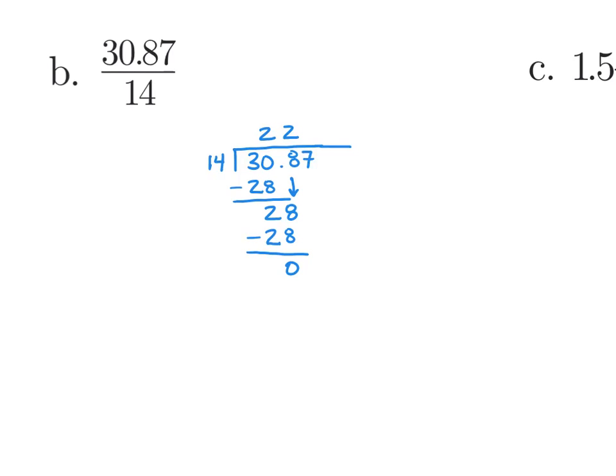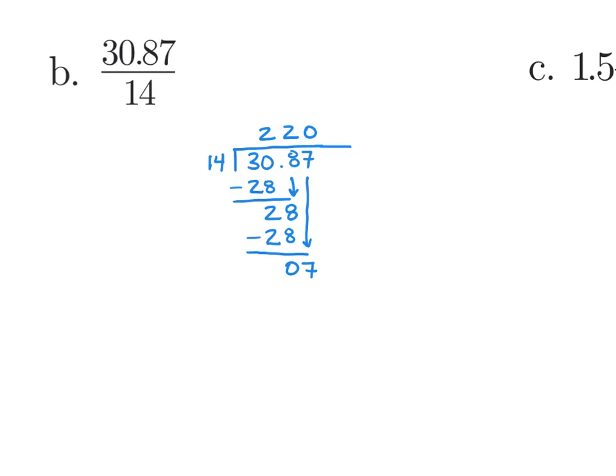The answer is no, because I still have that 7 there that I have to work with. So I'm going to bring down the 7. And remember that when we bring down a digit, we have to divide at this point. How many times does 14 go into 7? Well, it doesn't, so I'm going to add a 0 above the 7.